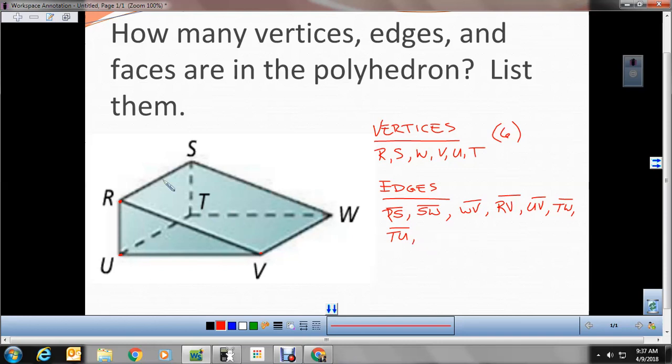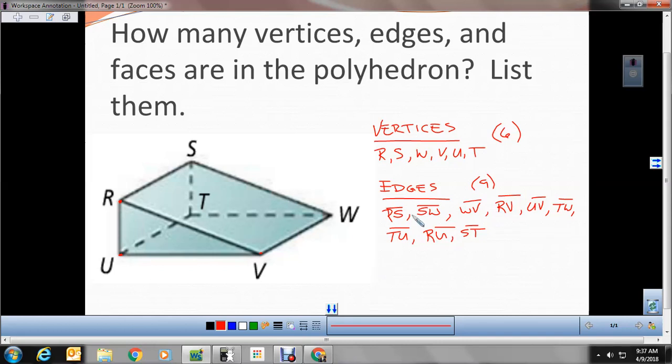So we've done the top one here, we've done these here. Now we just do these two sides here, which means we're going to have RU and we're going to have ST. Now that gives us a total of 9. We got 1, 2, 3, 4, 5, 6, 7, 8, 9. So we have a total of 9 edges.